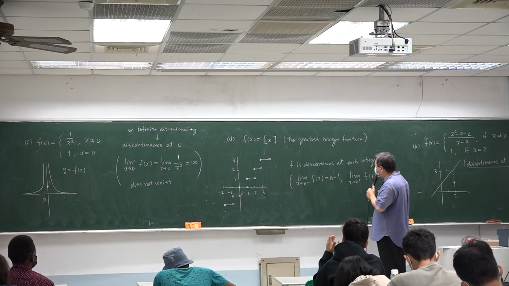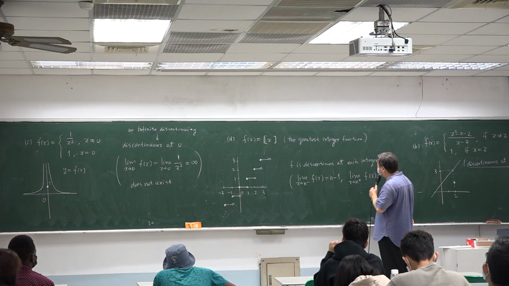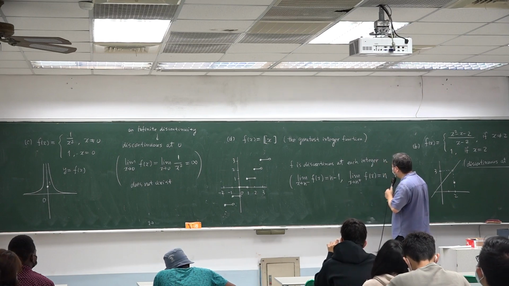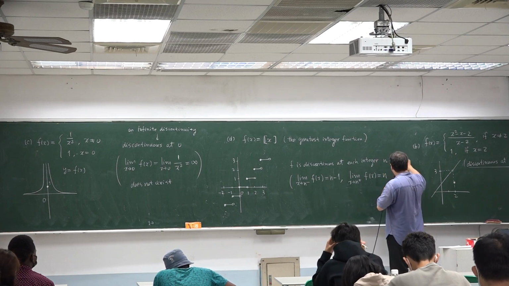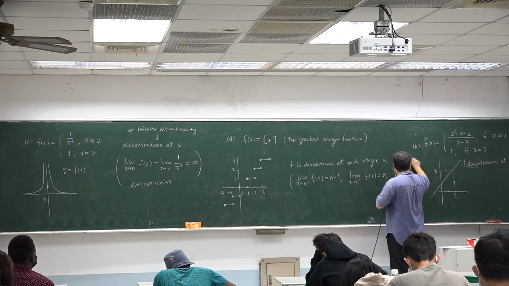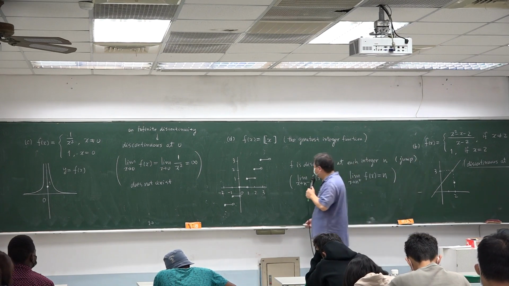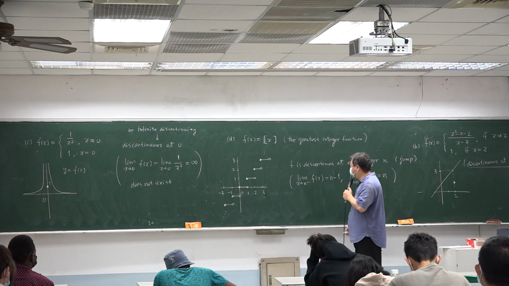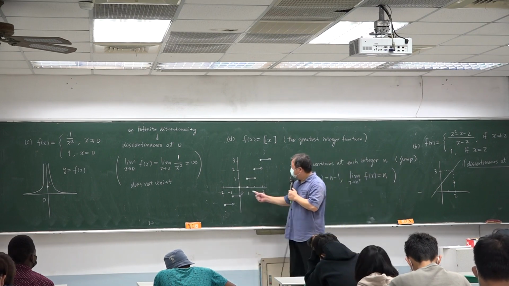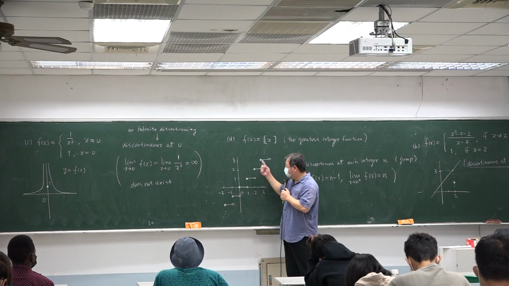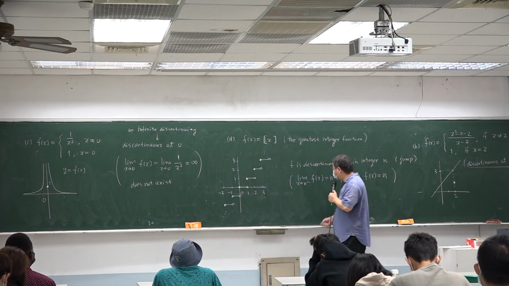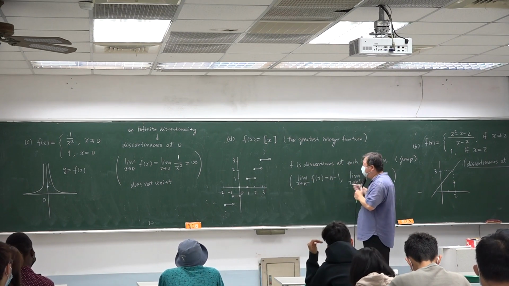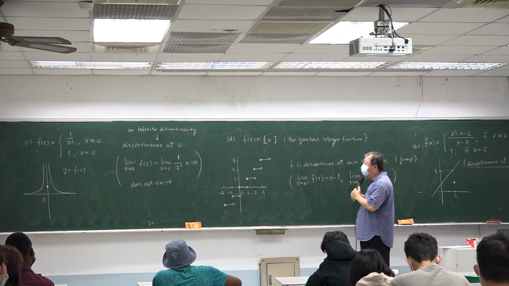They are different. Therefore, this kind of discontinuity is a jump discontinuity, because the one-sided limits exist, but are different.